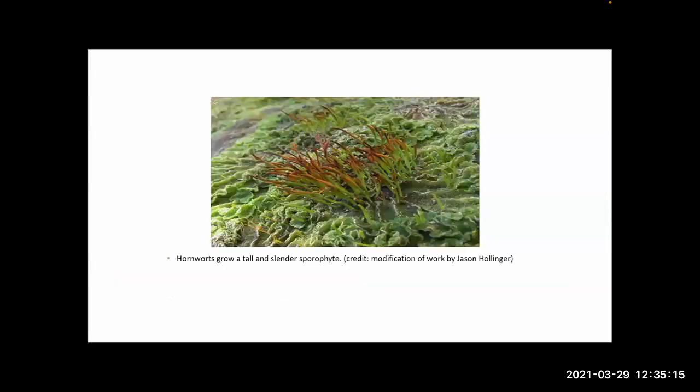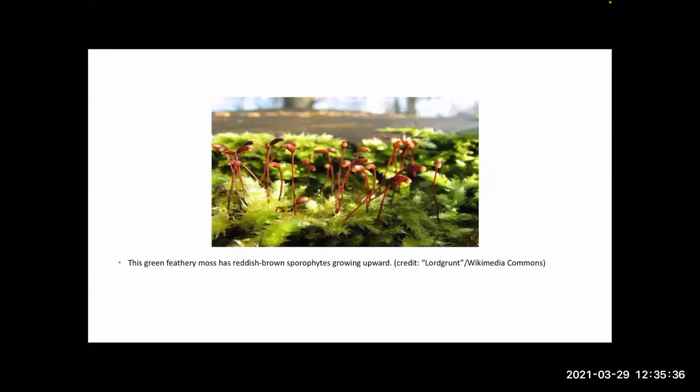Okay. Here we have a hornwort that's growing out. Again, you have the sporophytes growing out of those leafy gametophyte structures. All of these leafy structures are the gametophytes, and these structures growing out are the sporophyte structures. And here's a moss. Again, the leafy structures are your gametophytes. That's the gametophyte dominant stage.